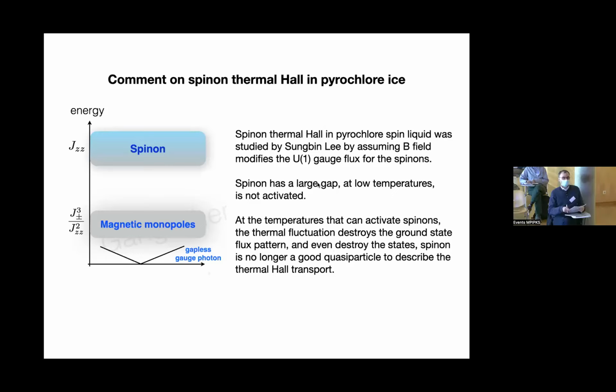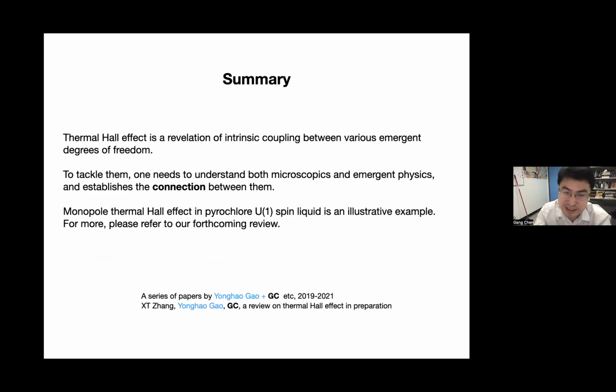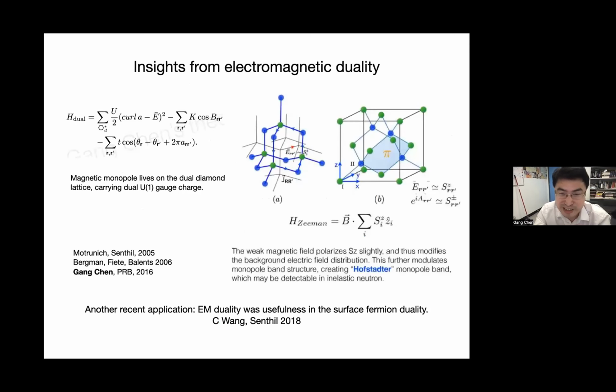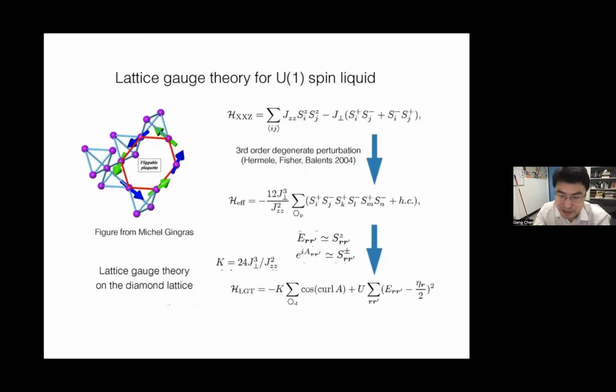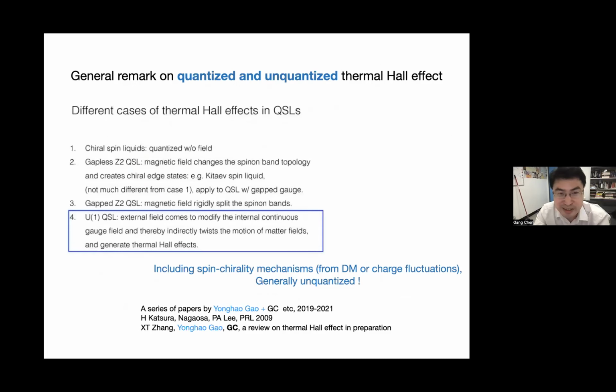Is there another question from anyone else? Is the only difference between chiral spin liquid and the chiral Z2, a gapped Z2 spin liquid with a non-zero chirality? That's a very good question. There is a difference. The chiral spin liquid is described by Chern-Simons field theory.